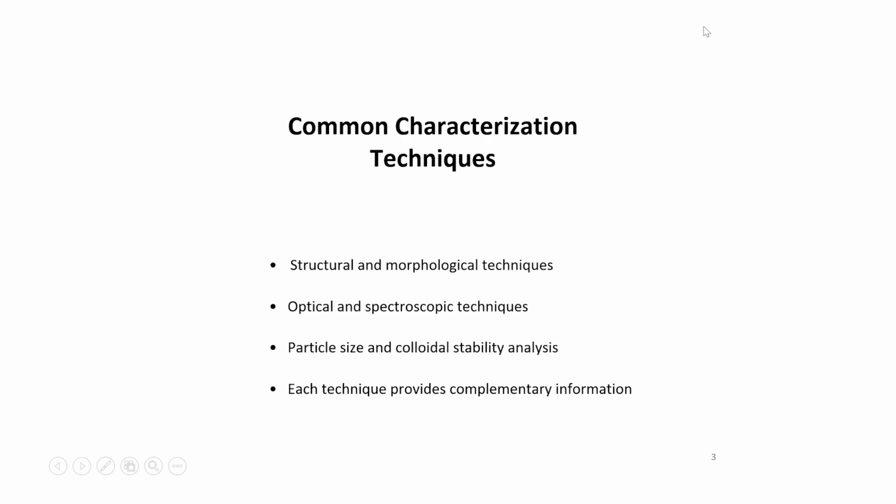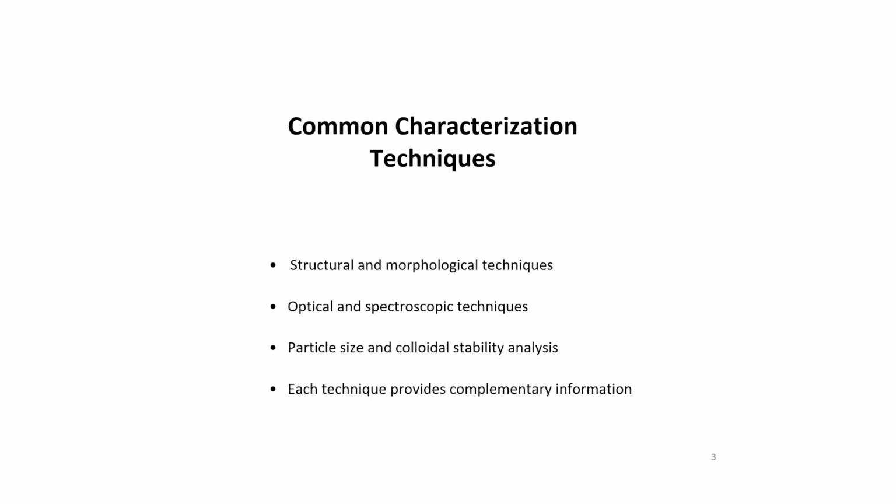The common characterization techniques can basically be divided into structural and morphological techniques, which figure out the structure and morphology of a nanomaterial. Optical and spectroscopic techniques are used where optics are used for characterizing the nanomaterial.